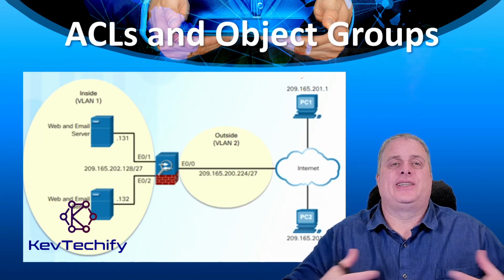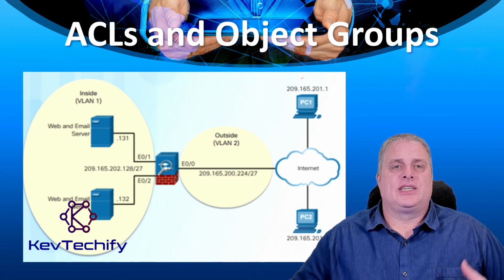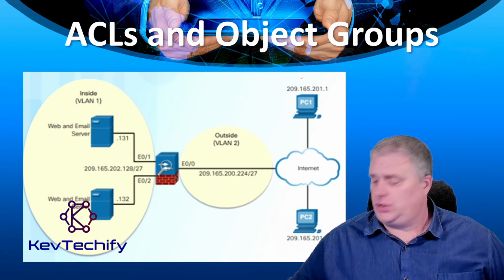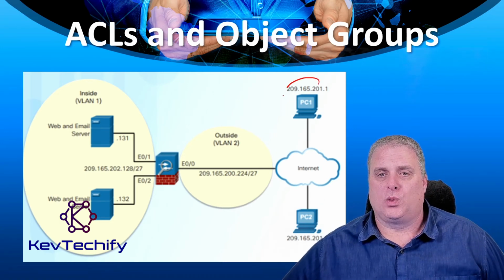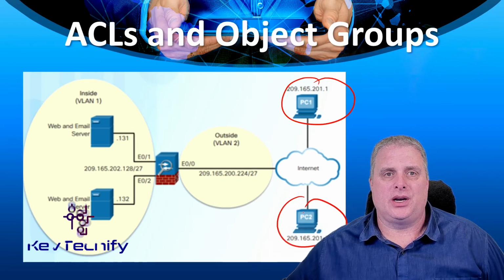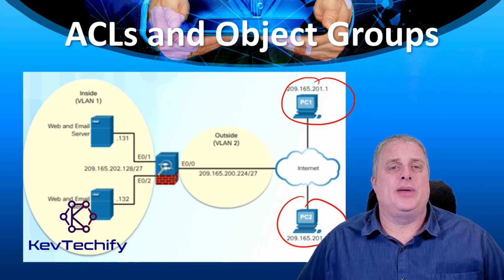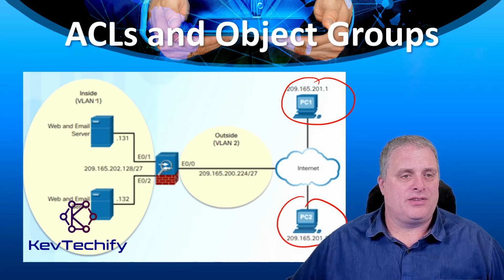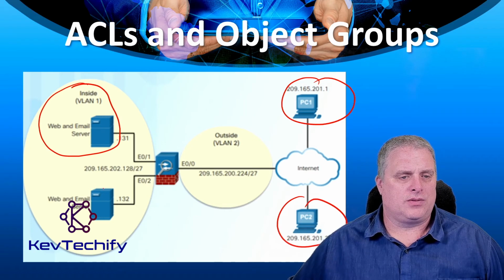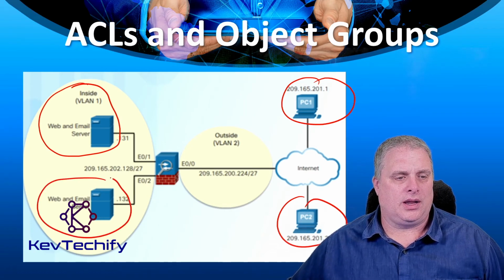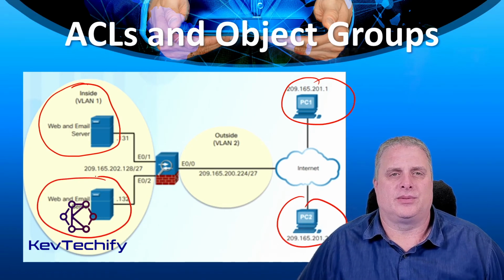Let's talk about an example in which access from two trusted remote hosts, PC1 and PC2 here, should be allowed to the two internal web and email servers. Over here on the inside of your network, we have one internal web server, and then we have a second internal web and email server.